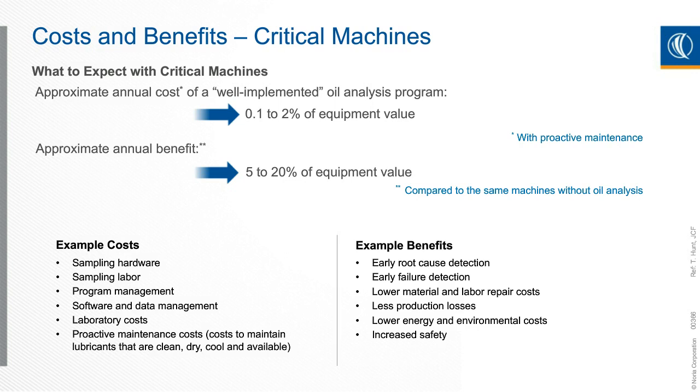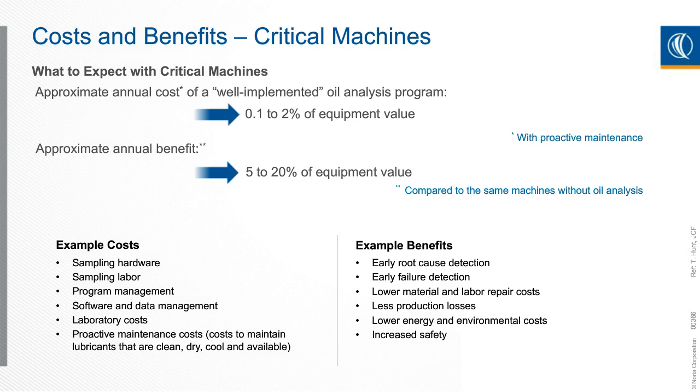And some of the actual benefits that may be 5 to 20% of that equipment value are, sometimes hard to quantify, but it's going to be that early root cause detection, knowing when a failure potentially could occur because of what's present in the oil. Early failure detection, so lower material and labor costs.